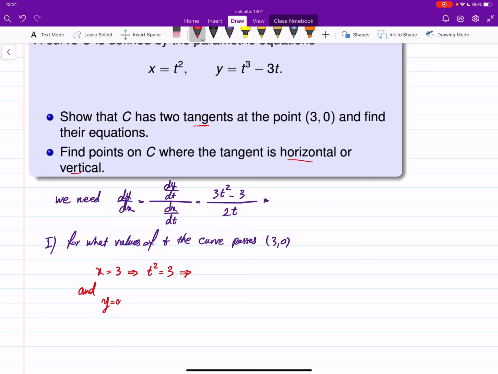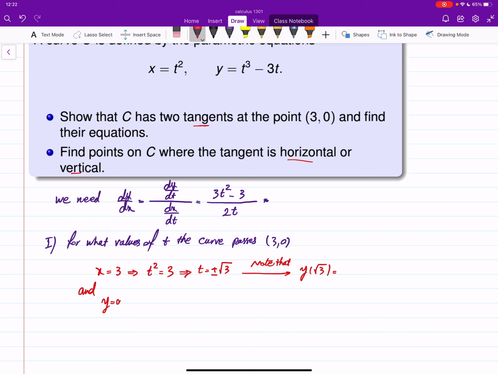Then you solve it and you see that for t being either root 3 or negative root 3, we get that point. Now, note that y at root 3 must be 0 as well. Otherwise, this doesn't work. We need both x to be equal to 3 and y equal to 0.